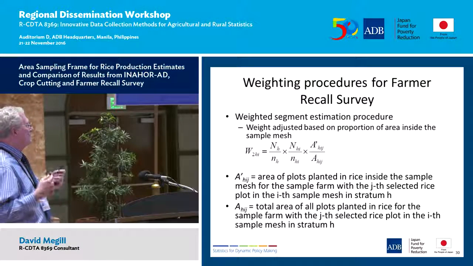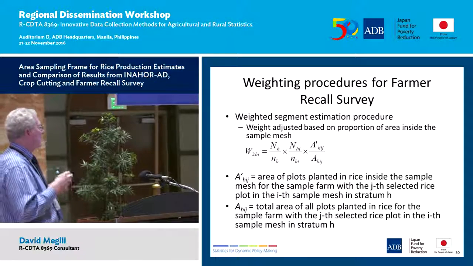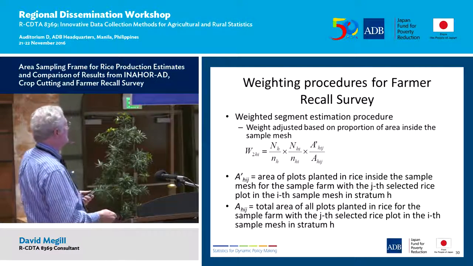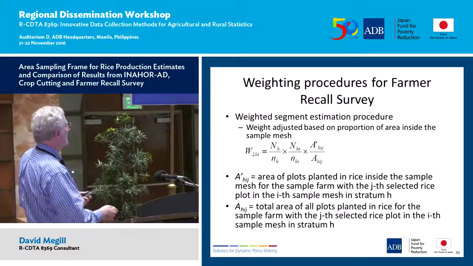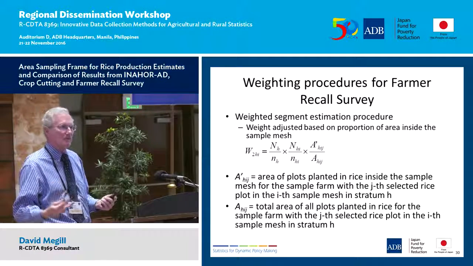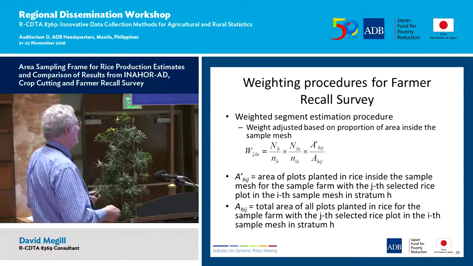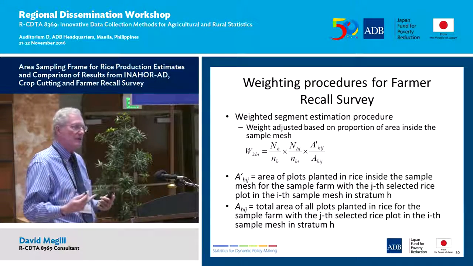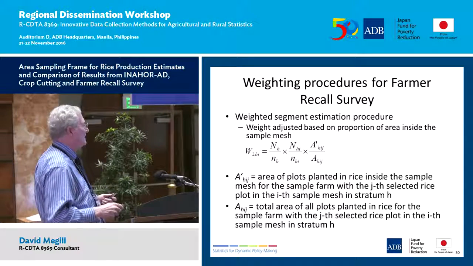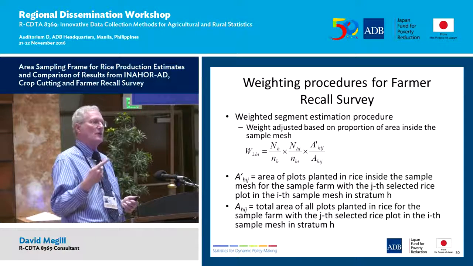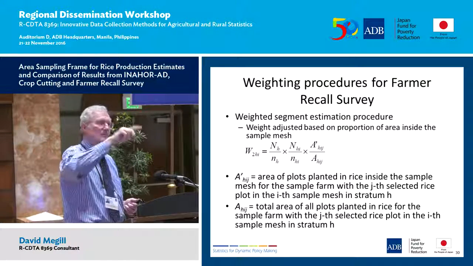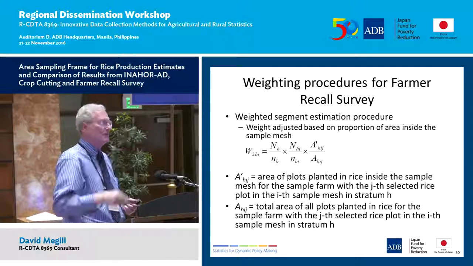Now, in the case of the farmer recall survey, some aspects of the weighting are similar, but some of it is slightly different, okay? Now, because we're getting information for the entire farm, for the farmer recall survey, we are interviewing each farmer who had a plot selected, okay? So we're going from the 4 sample plots to find the farmers.